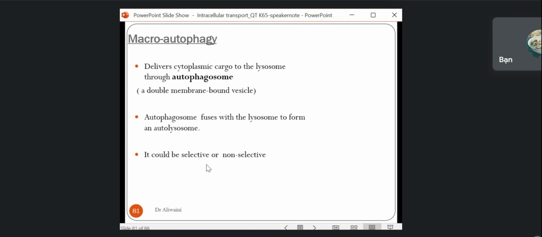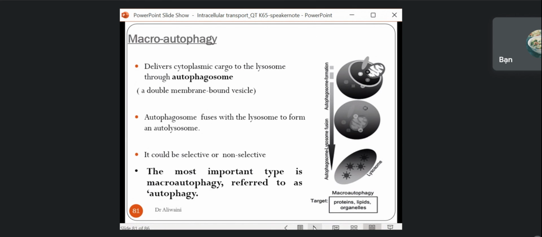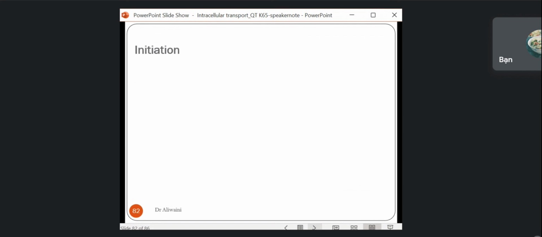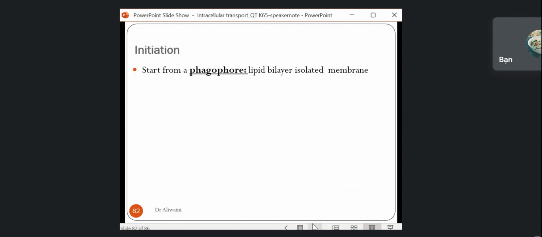It could also be selective or non-selective, depending on the structure and molecule that needs to be degraded. Macroautophagy is the most popular and most important type of autophagy, and when we talk about autophagy, somehow we mean macroautophagy.